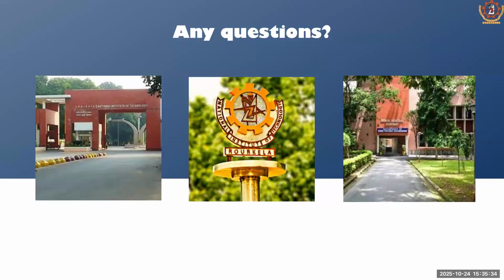Ma'am, till now we have covered macronutrients and micronutrients: carbohydrates, proteins, minerals, vitamins. What if during the analysis we find something new and we don't know what it is?